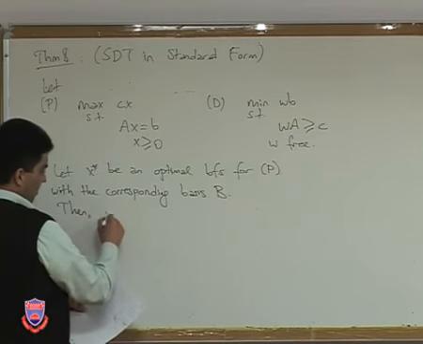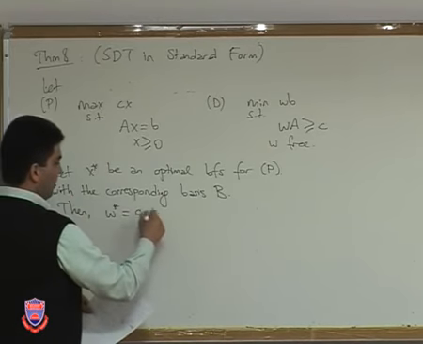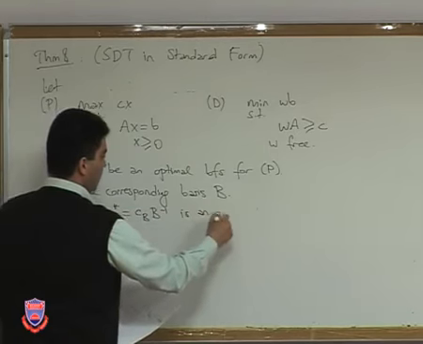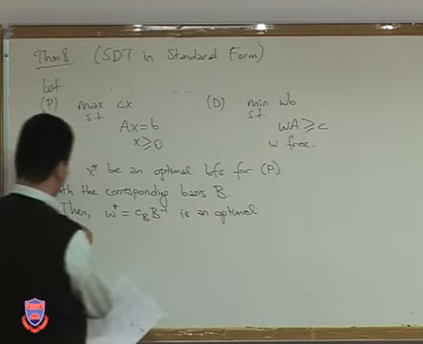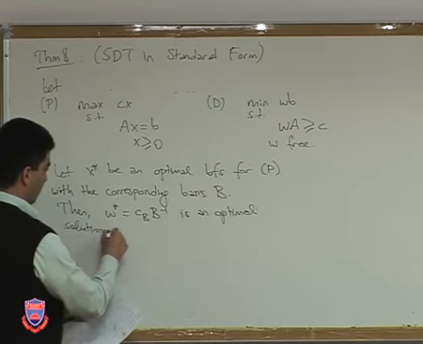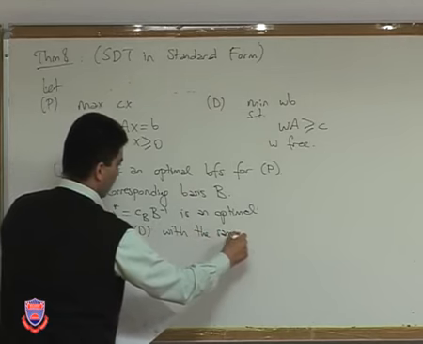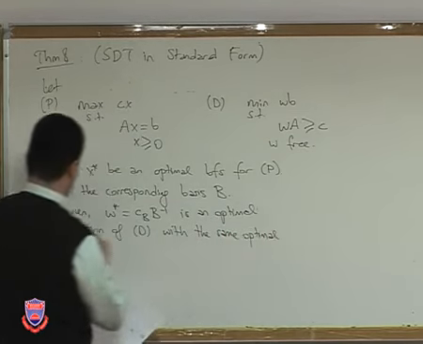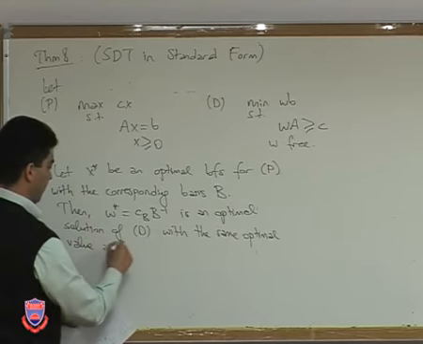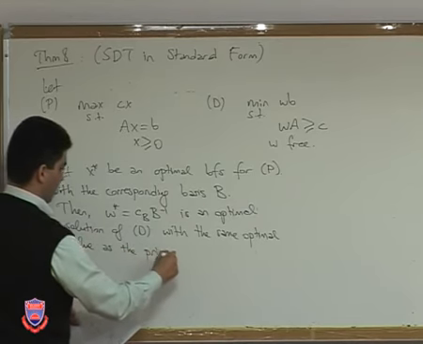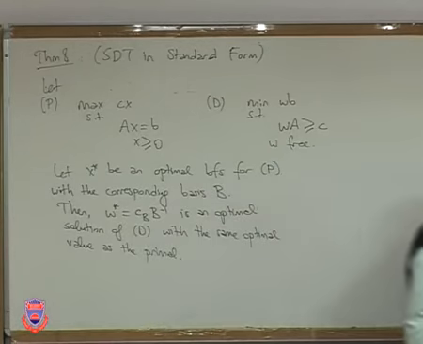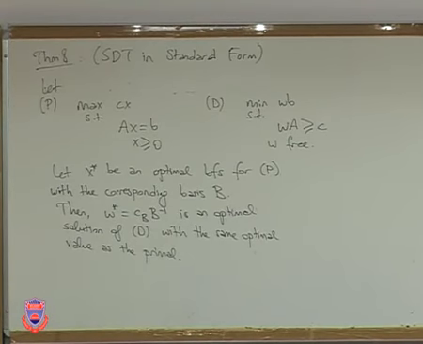And actually the answer does not change either. Then W star given by CB times B inverse is an optimal solution of the dual problem with the same optimal value as the primal. So in other words, even if I change the form of the primal problem, the dual optimal solution does not change. It's still given by CB B inverse. Okay?